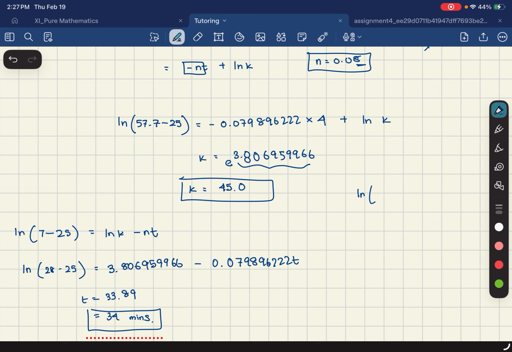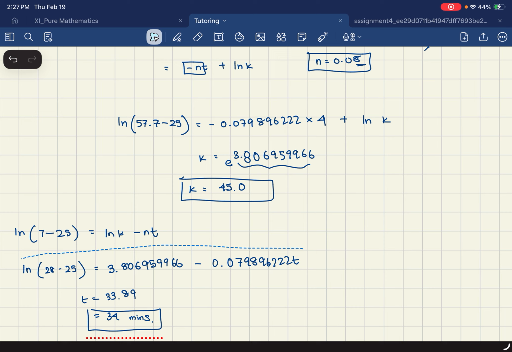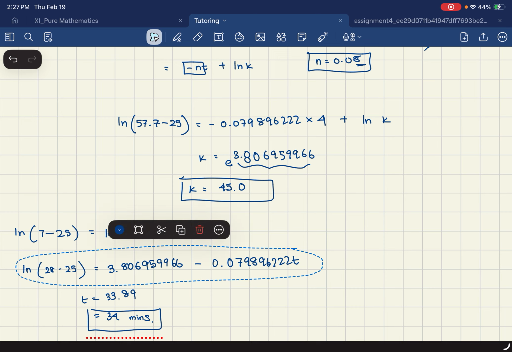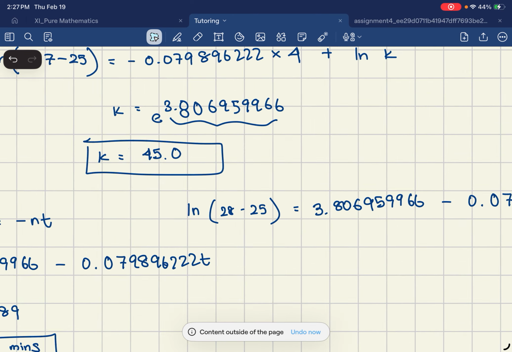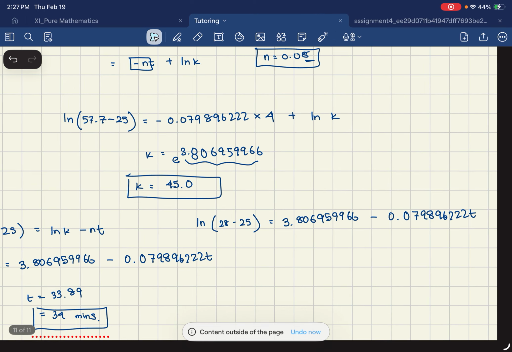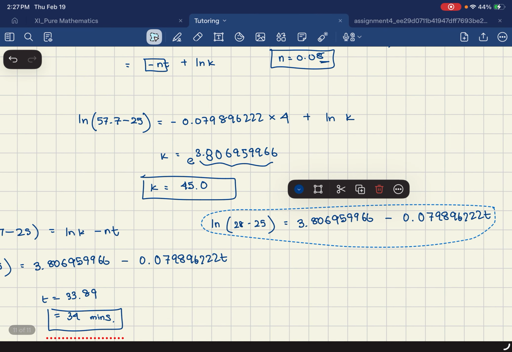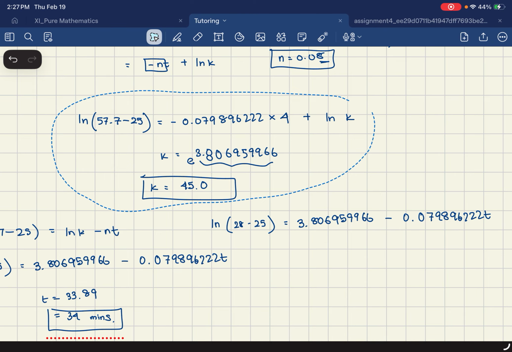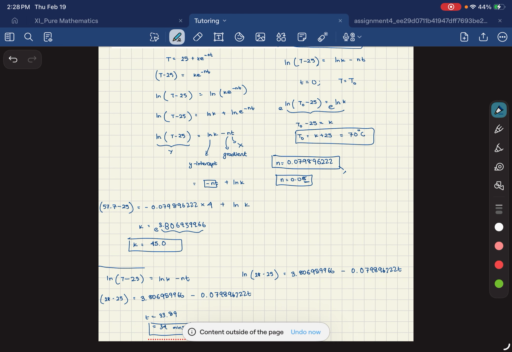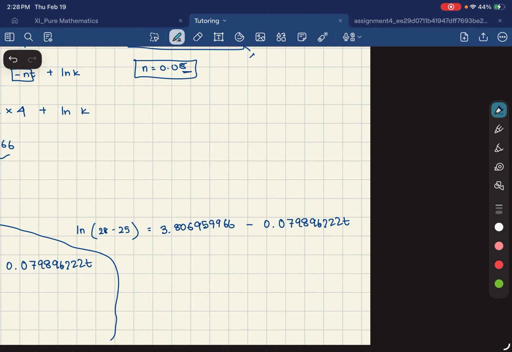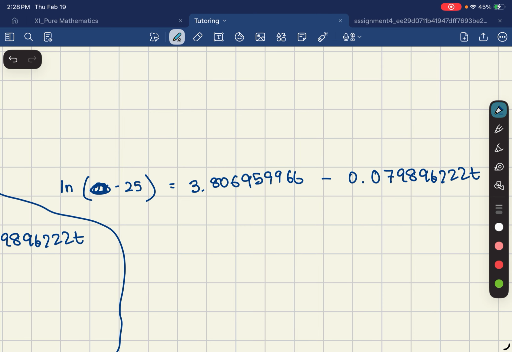I have ln T minus 25 is equal to, well, let me just copy this equation. Okay, so I have this equation, except instead of 28, I'm just going to say this is my TR, my room temperature.